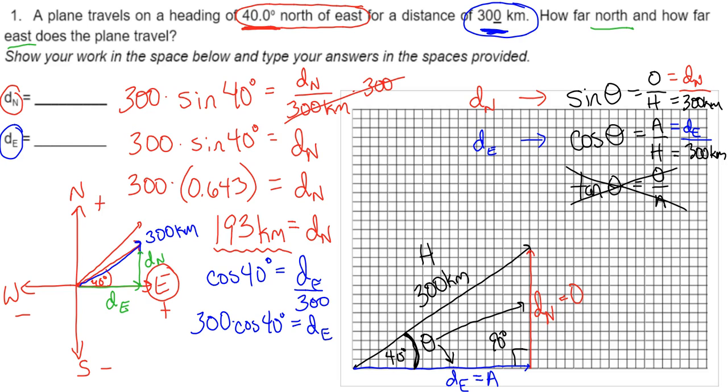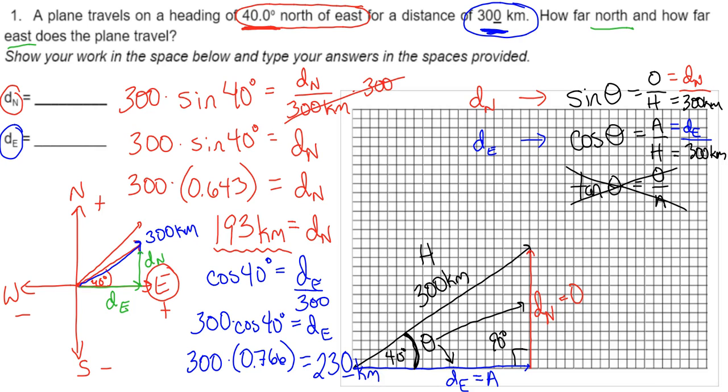Okay, so in my calculator I find the cosine of 40 degrees is approximately 0.766. Multiply that by 300, and I find that my distance east is approximately 230 kilometers.